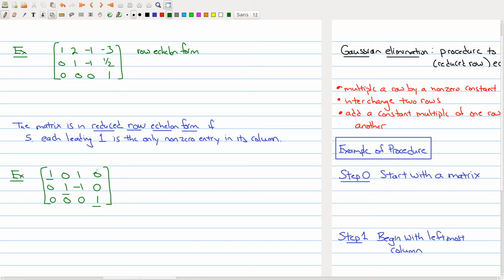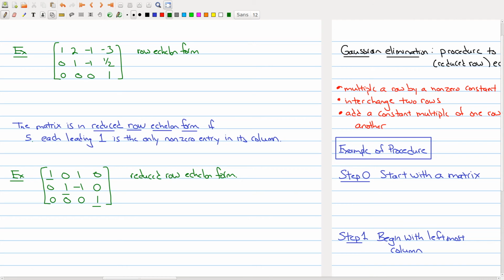So this 1 here is the only non-zero entry here. Same with this guy over here and this guy over here. So this is in reduced row echelon form.